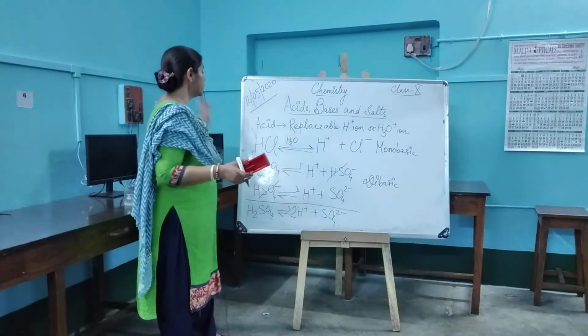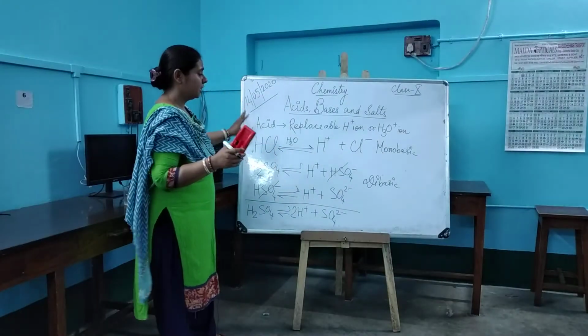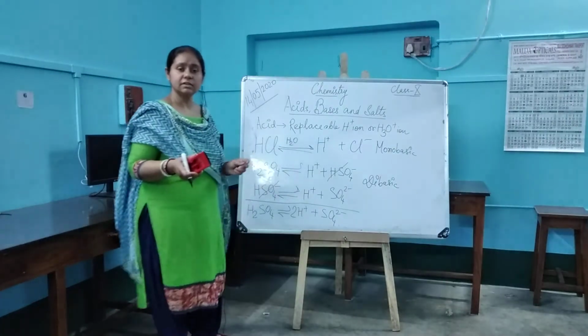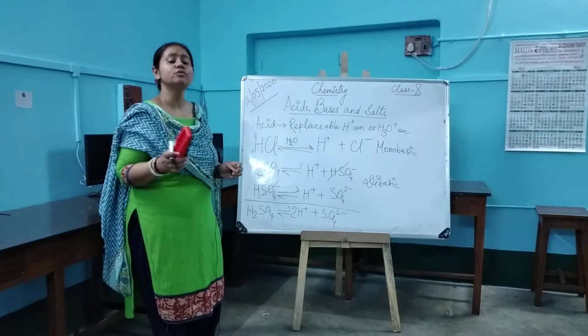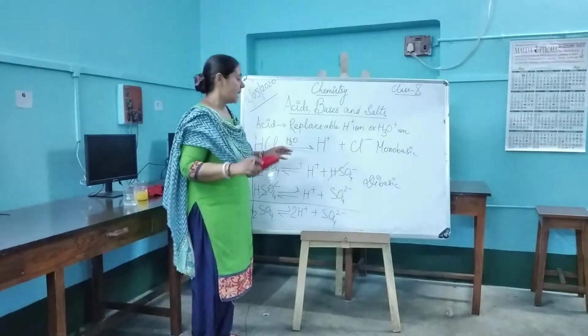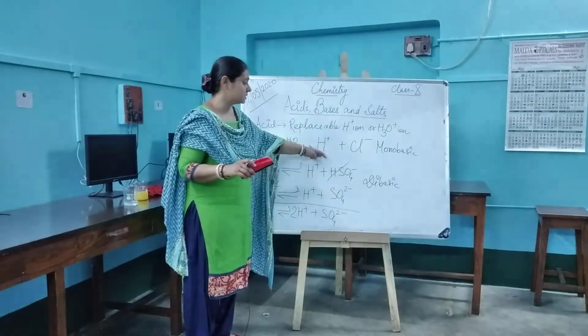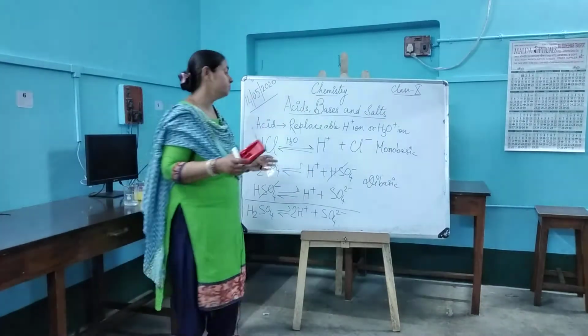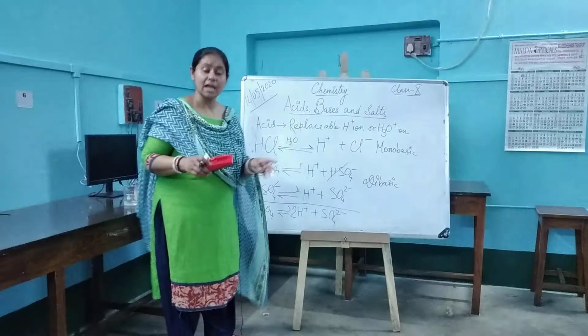So children, over here I have shown you how the dissociation of the acids is taking place and how we classify them as monobasic, dibasic or tribasic acid. That is the basicity of the acid.